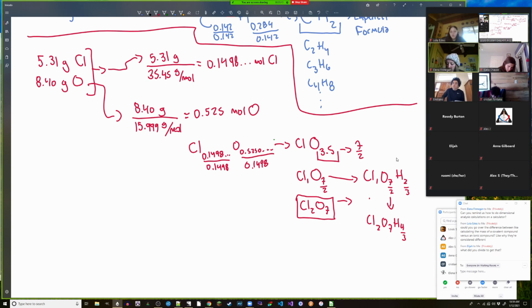I multiplied all of these by 2. And then to get rid of the 3, I'd multiply all of them by 3. So Cl, what would that be? 6. O, 7 times 3 is 21. And H, 4. And that would get me to my whole number formula, right? It doesn't matter what order I would do it in either. I could do the 3 first and then the 2. Either way.